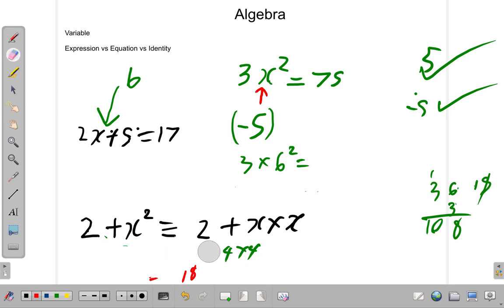Let's try another number. Suppose we try 5. Let's substitute 5 for x. When I say we put in 5 for x, what we're doing is really substituting, right? Because x is the variable, and we can put in different numbers that x represents. That means we substitute.